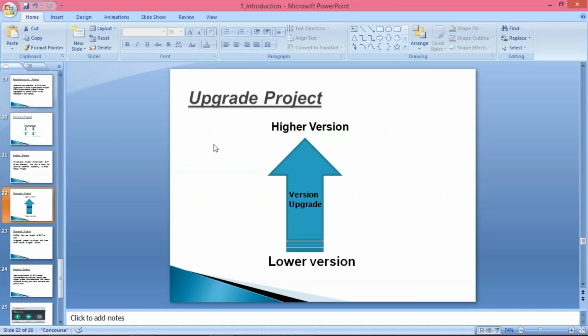Once you update, whatever recent changes they have made, whatever new functionality has been added, you are able to avail the benefit of those things.